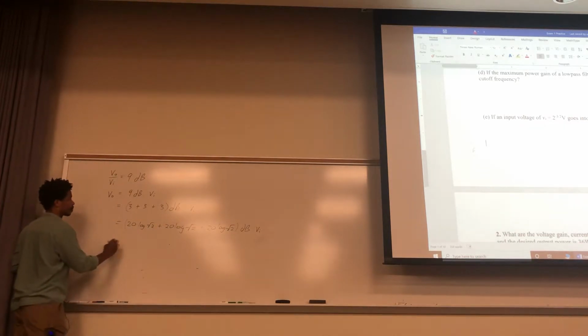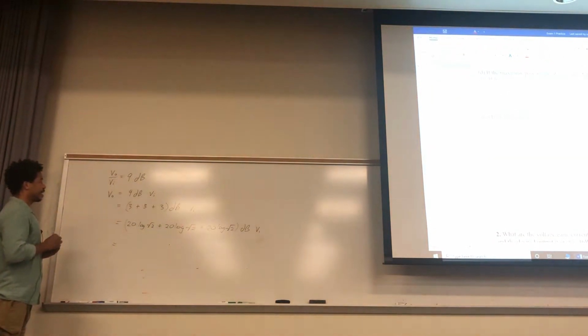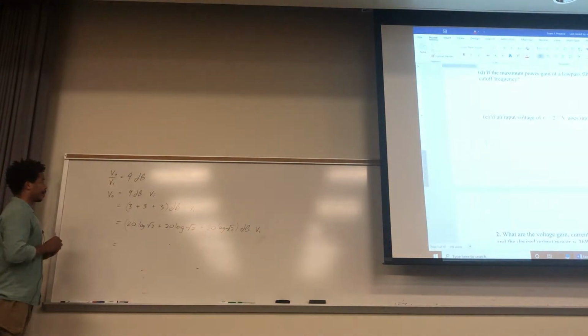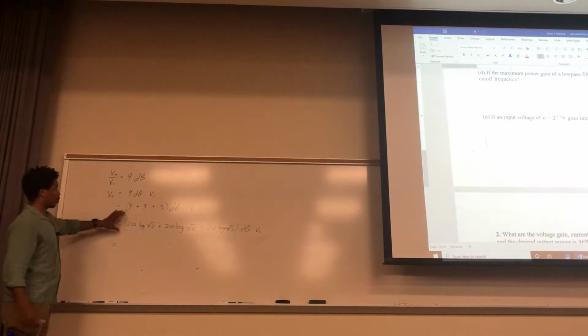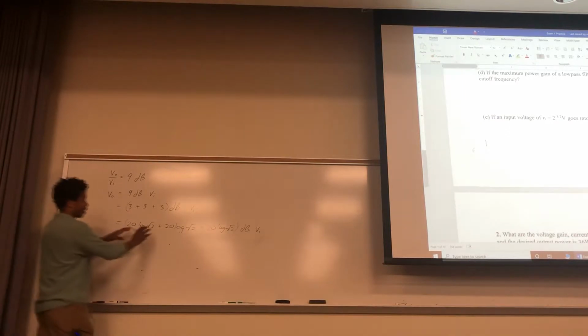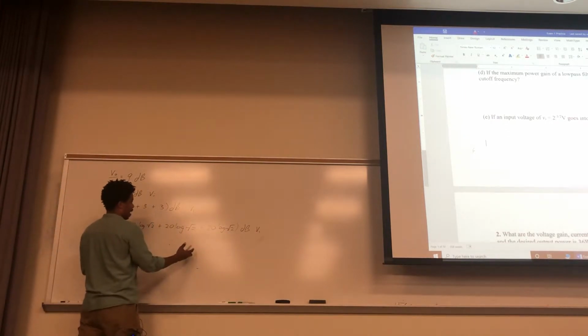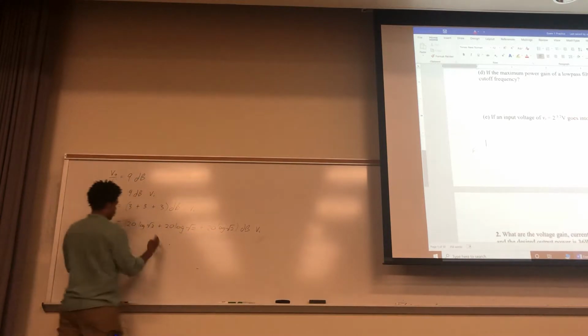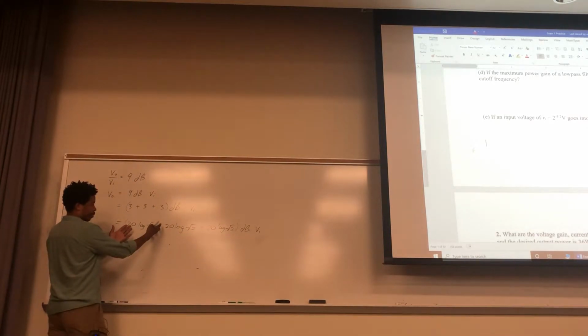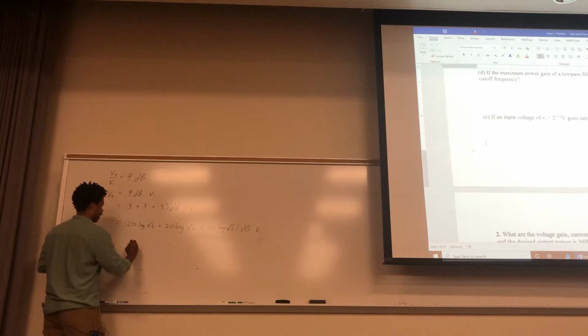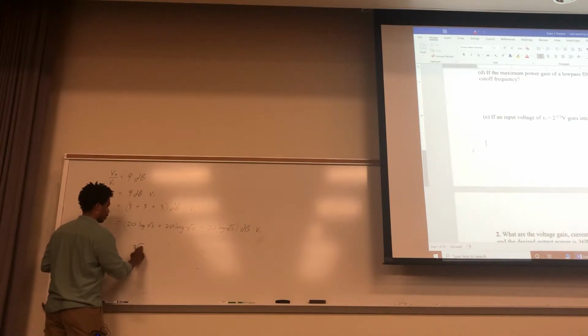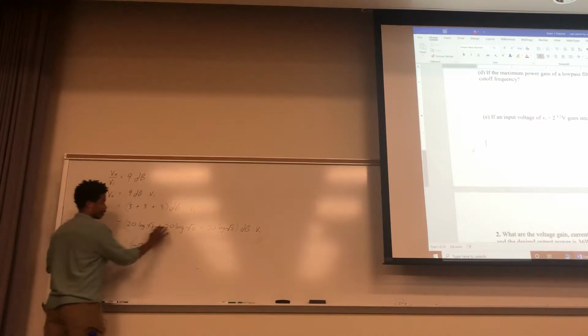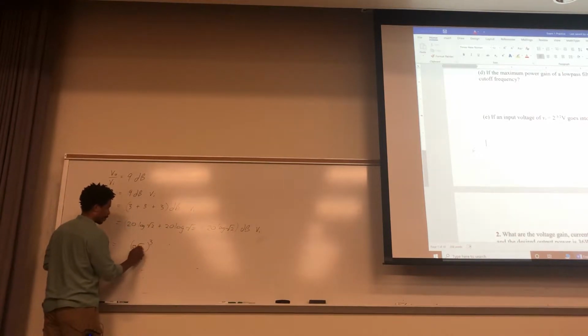But what this really means is that when you're doing stuff like this, things are being added, really being multiplied if you're not in decibels. So if you put this in terms of the regular numbers, it's going to be square root of 2 cubed, because you're really multiplying all those together, right?